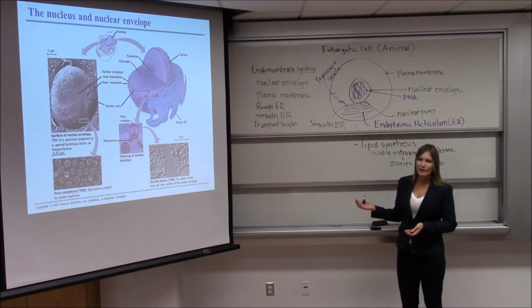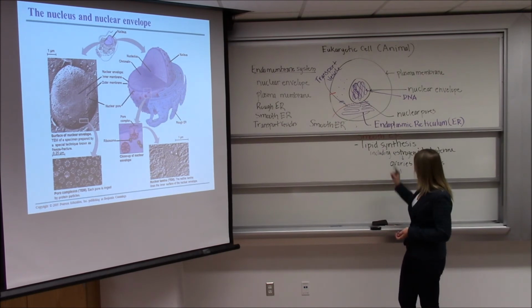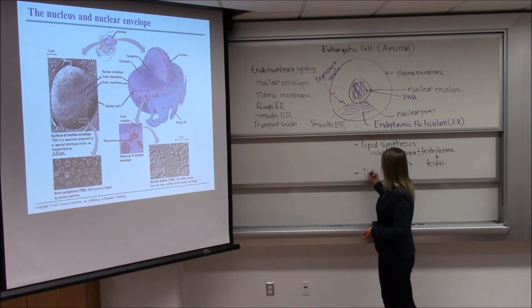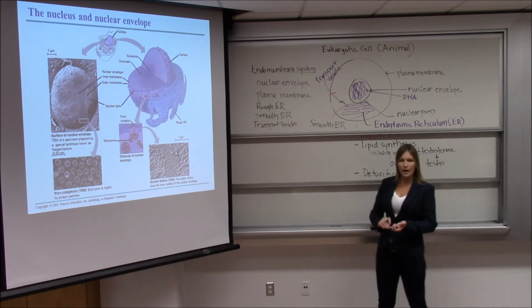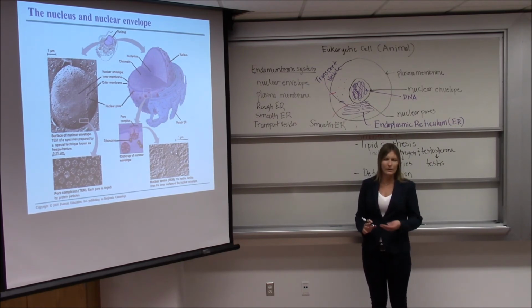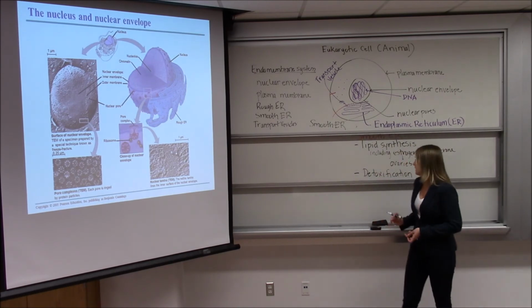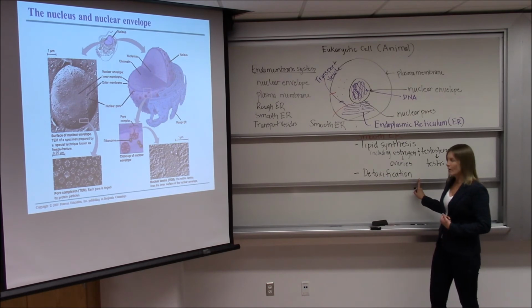Smooth ER has a lot of important functions. We're only going to talk about a few of them. Another important function of smooth ER is it is involved in detoxification. So detoxification of drugs, alcohol, environmental toxins, toxins you encounter in your food, in your water, in the air. Detoxification is the job of smooth ER.